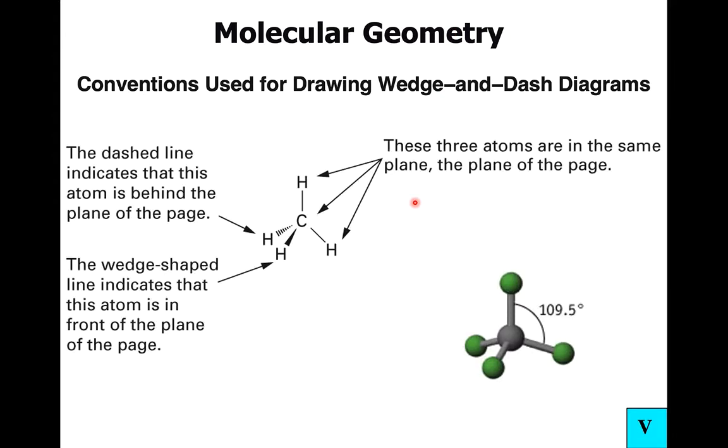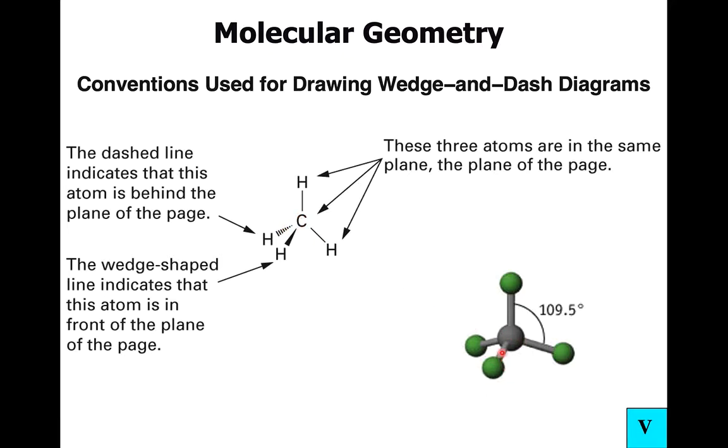Well, we still face, to this day, the problem of trying to render three-dimensional objects in two dimensions, and this dashed line method is the best that we've come up with so far. So take this, we'll say this is CH4 that we have here, and so this hydrogen is that hydrogen, this hydrogen is that hydrogen, and carbon, of course, is the carbon.